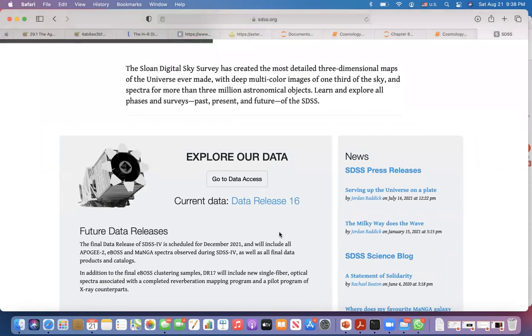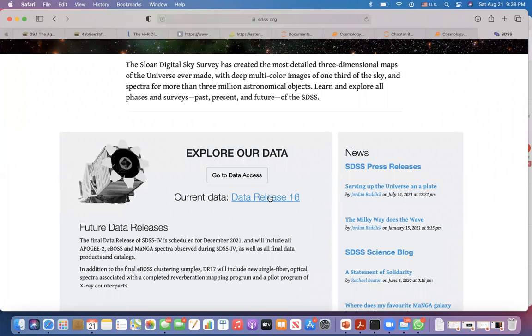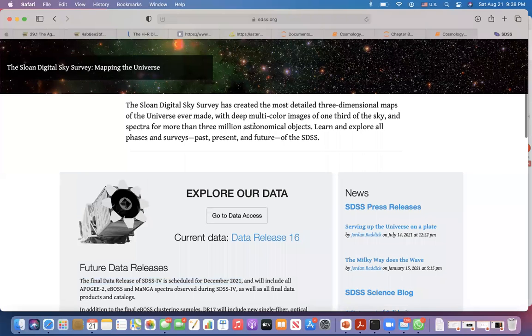Their latest data release is data release 16, and it is interesting to note that the final data release of this survey is scheduled for December 2021, a few months from now. For anybody doing research in astronomy, it is worth keeping an eye on the new data that comes in from these large surveys.